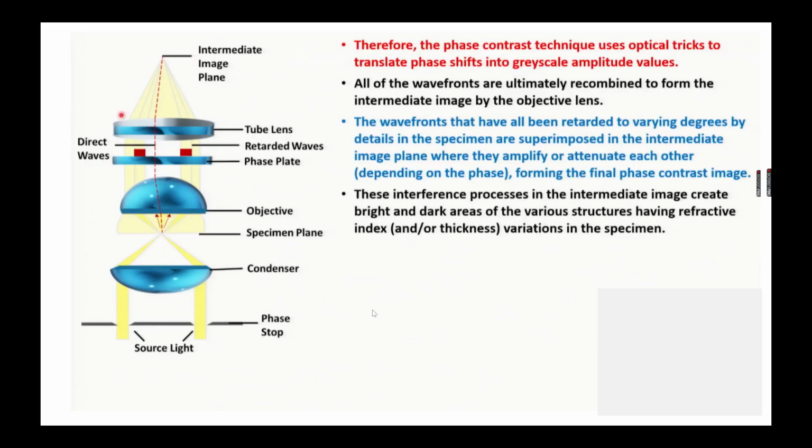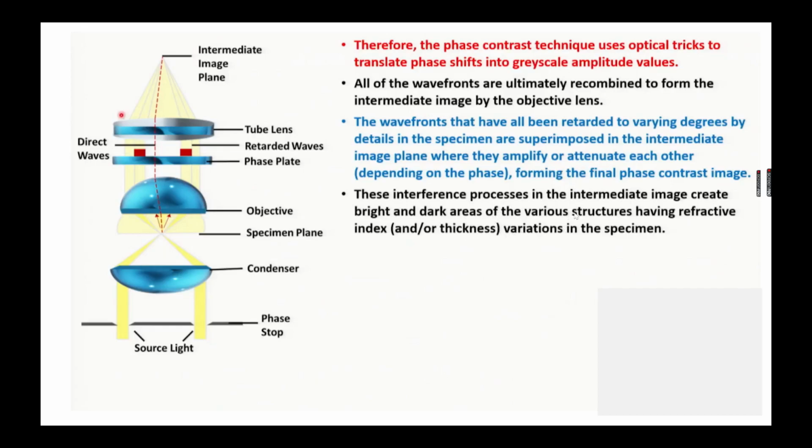I will discuss in further slides that if there is a difference in the refractive index, there will be a change in the phase, and if there is a change in the phase, contrast will be developed. The waveforms that have been retarded to varying degrees by details in the specimen are superimposed in the intermediate image plane, where they amplify or attenuate each other, forming the final phase contrast image.